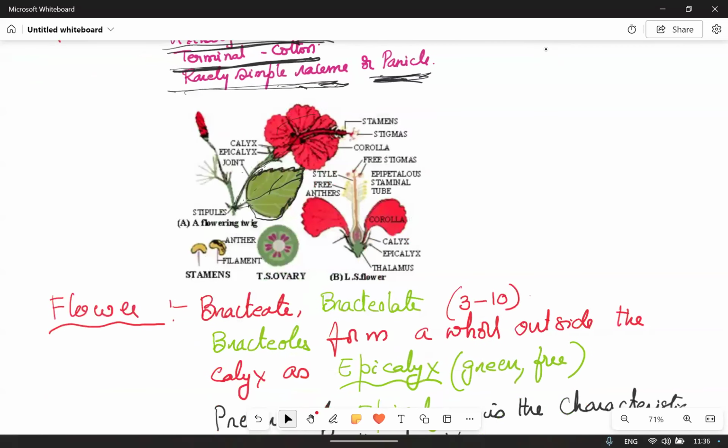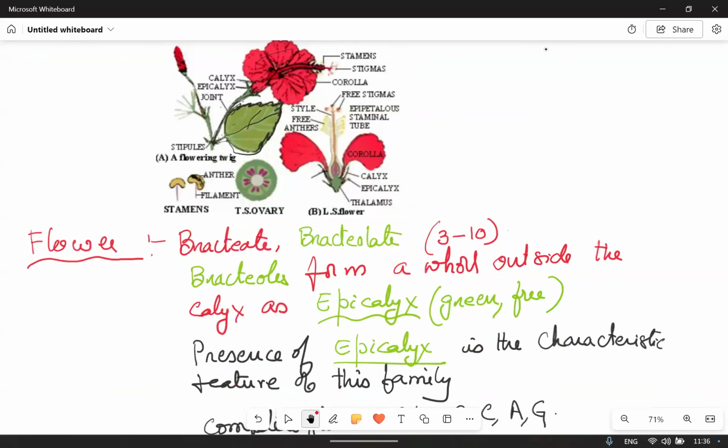Then the flower, in general. Bract is present, so bracteate. Bracteoles are present. This is very important here. Bracteoles 3 to 10. Look here, these sepals are present, no? Surrounding the sepals, the calyx, the bracteoles 3 to 10 are arranged like a wall, and we call this epicalyx.